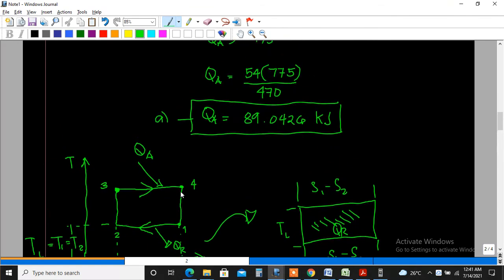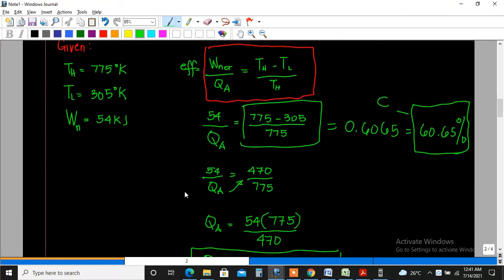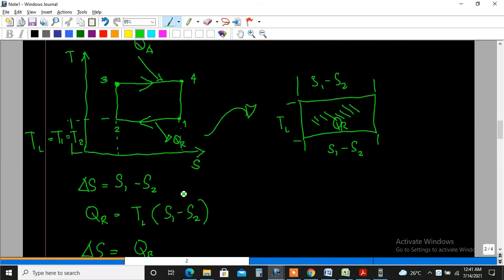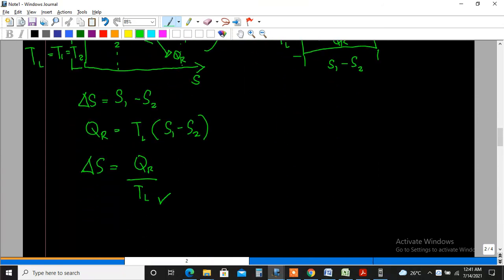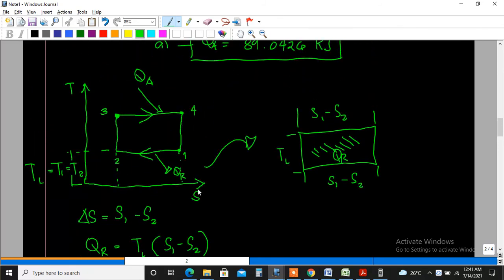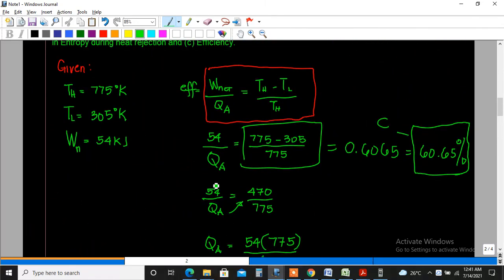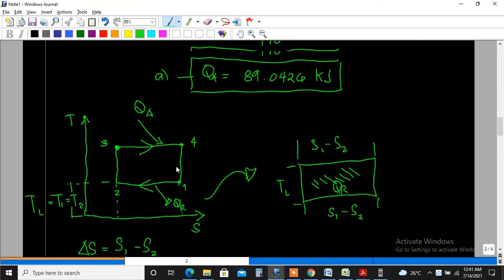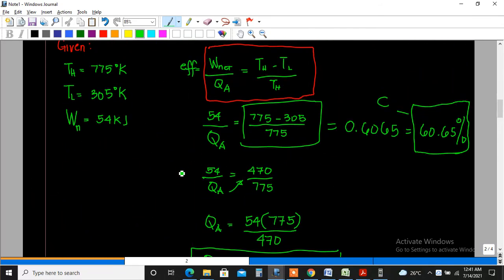Temperature low is given, and QR is given, so we are able to find this change in entropy. We can get the QR by using the efficiency. So remember, class, that efficiency is equal to work net over QA.